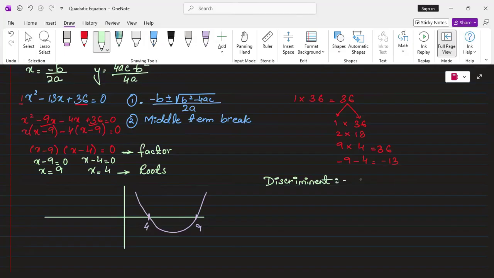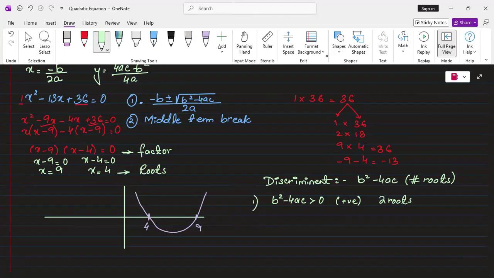So what is the discriminant? Discriminant is basically b square minus 4ac. What does the discriminant help to identify? The discriminant helps to identify the number of roots. If the question asks me to find the number of roots in a given equation, I'm going to simply find the value of the discriminant. If b square minus 4ac turns out to be a value greater than 0, that means a positive answer, so I'm going to say it has two roots.